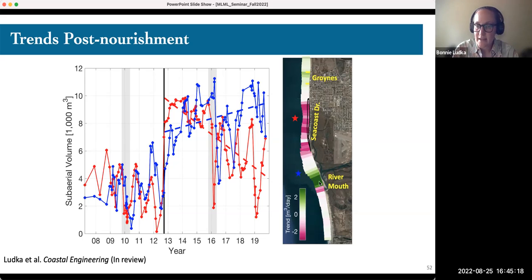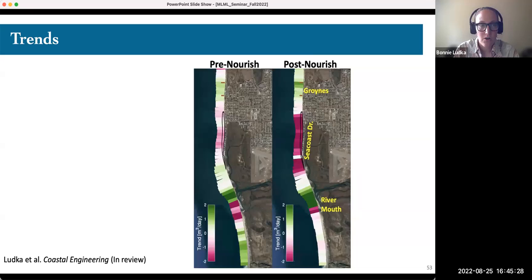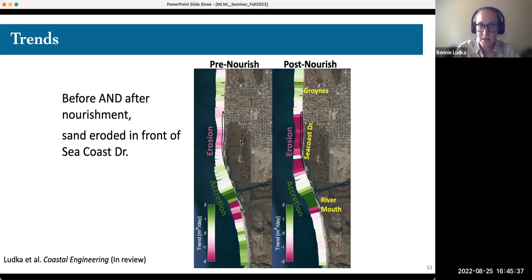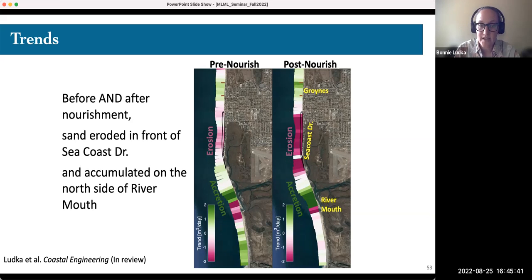And then down by the river mouth, we see this large accumulation of sand, which was not predicted when people designed this. Okay, so what we found by looking at these sand volume trends is that both before and after nourishment, sand eroded in front of Seacoast Drive and accumulated on the north side of the river mouth.